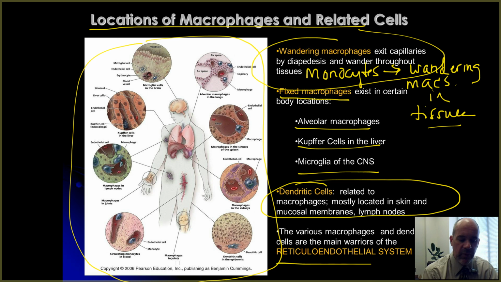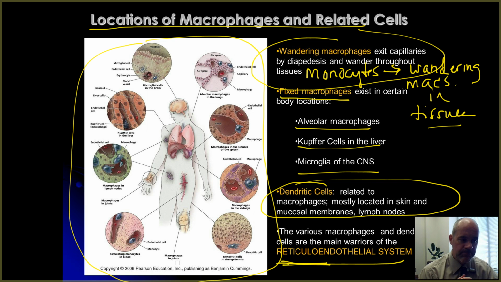There's a term for the various macrophages and these dendritic cells. They're so important, in some ways they're considered to be almost like their own body system, and they're mainly located in your connective tissues, which have a lot of protein fibers in them and can look reticular.